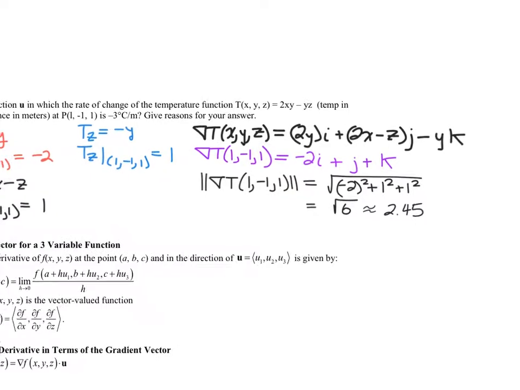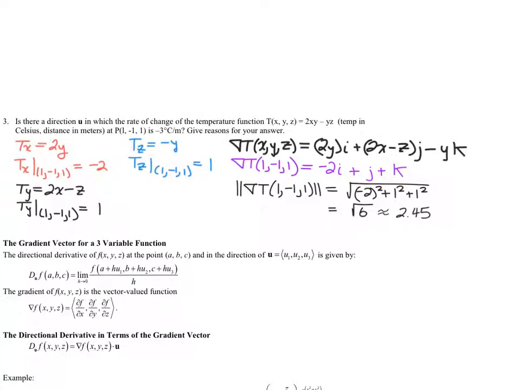All right, so we just figured out 2 things, one directly and one indirectly. They were asking, is there a direction in which the rate of change of the temperature at this location is -3? So could I go off in a particular direction and have a rate of change be -3 degrees Celsius per meter, all right?